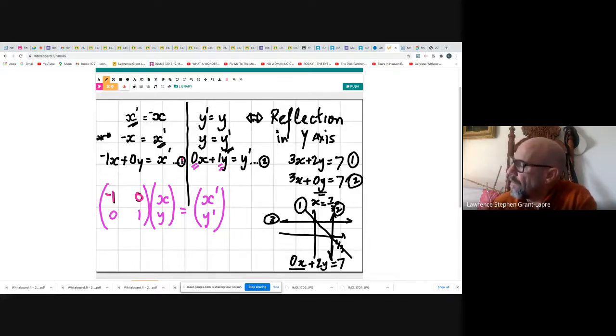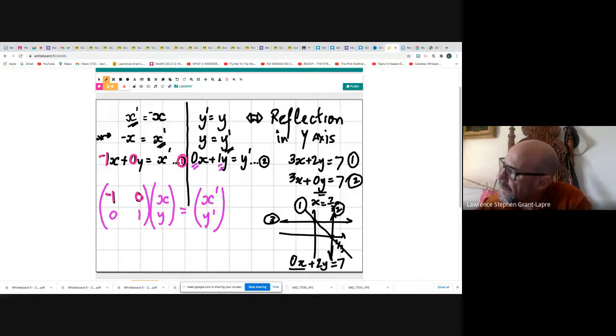It came from my first equation. You can't see it? Okay, it comes from here, -1, 0.